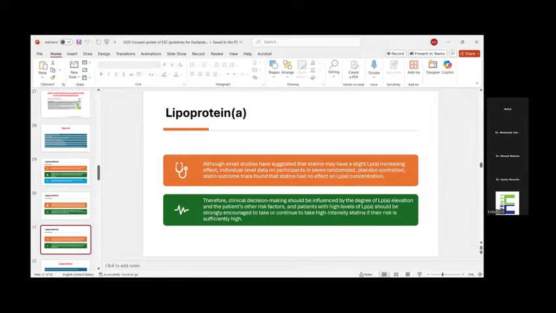The previous guidelines mentioned that statins may increase the level of lipoprotein A, but in this newer update, it is clearly stated that statins have no effect on the level of lipoprotein A. So the clinical decision making should be directed mainly by the degree of elevation of the lipoprotein A and the patient's other risk factors, and patients with a high level of lipoprotein A are strongly encouraged to take or to continue to take high intensity statin if their risk is sufficiently high.